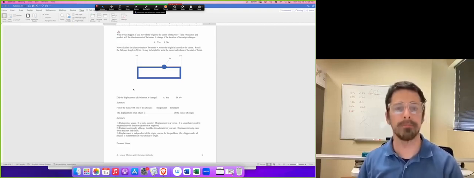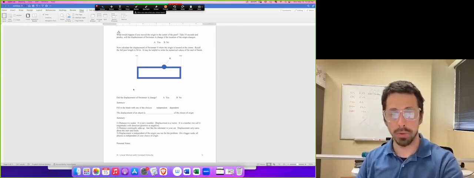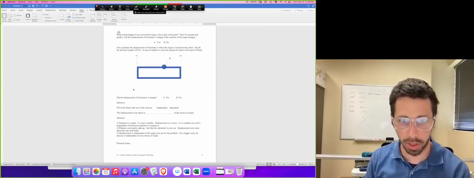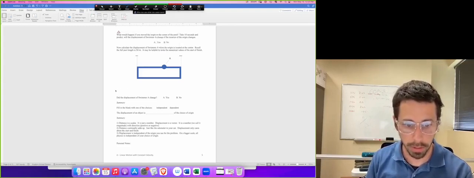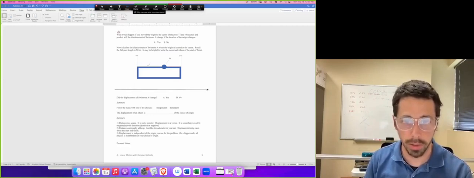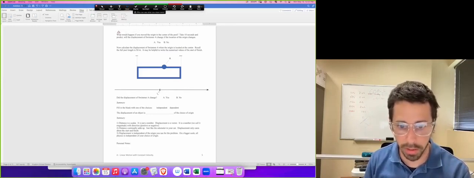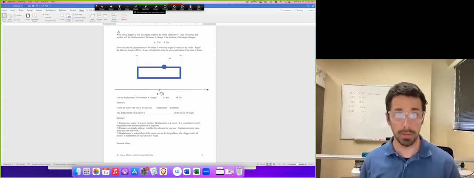So what are you doing? Swimmer A, move the origin to the center. Maybe I'll just draw that for you really quick. So there we go. Now your origin is right here. There's x equals 0. Okay, now at this point, give it a try.